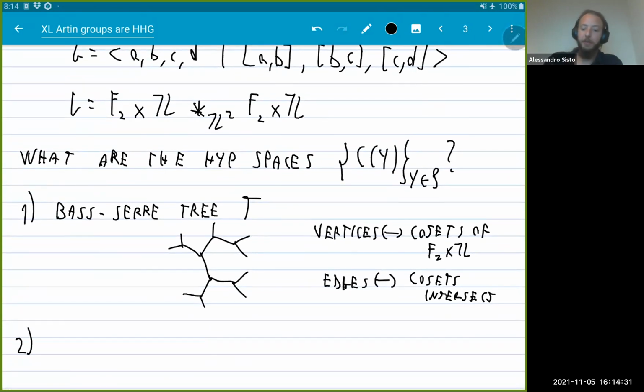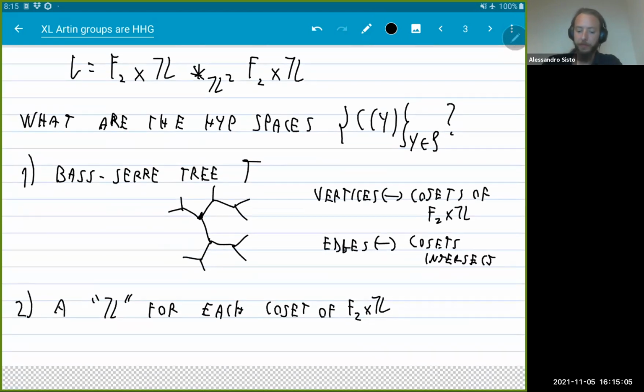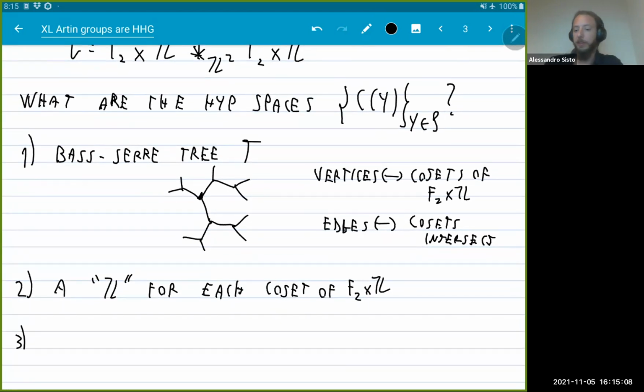This is not enough to understand completely the geometry of this group. You lose a lot of the information. This tree knows nothing about the F2 cross Z's. So you need more spaces to have a decent coordinate system. And you will have a copy of Z for each coset of F2 cross Z. Okay, that's something reasonable.